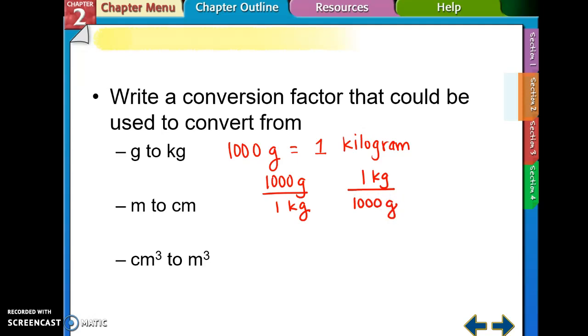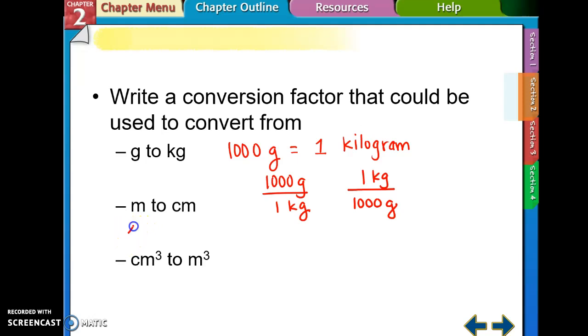When I see that I've got meters to centimeters, I know that meters is bigger than centimeters. Because if I go back and look at your conversion chart, you can see that this time meters, or the base unit, are bigger than what we're converting to.